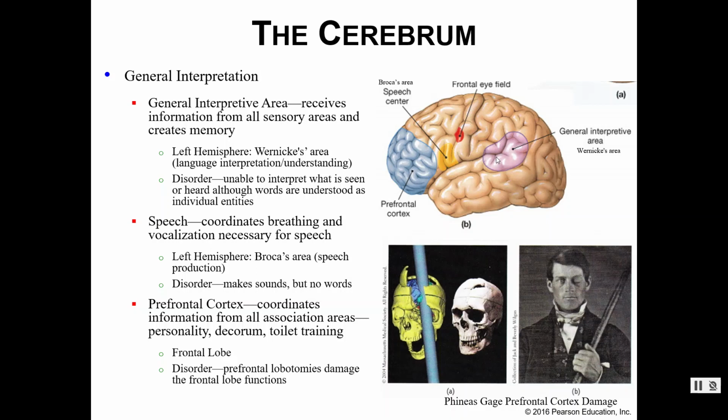Now, if you damage Wernicke's area, you are unable to interpret what you're looking at or what you're hearing, collectively. Although you can understand individual words, you cannot put together those individual words to make coherent thoughts.